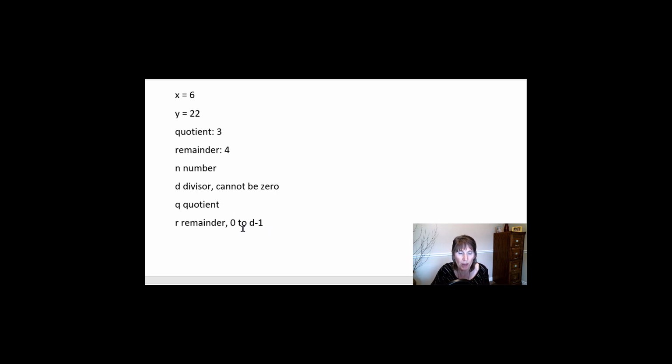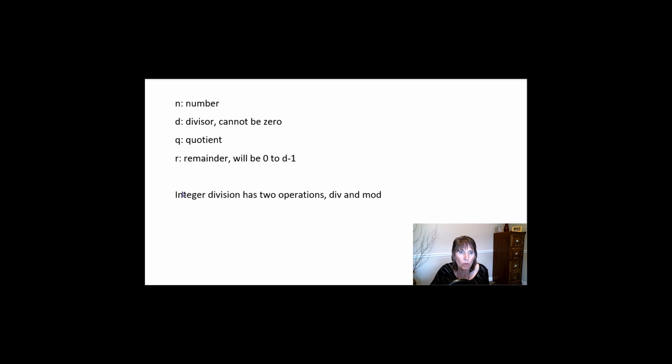We want to keep very clear how we're using the remainder and what those limits are. When we're working with integer division, we actually have two operations: one that gives us the quotient, the div operation, and one that gives us the remainder, the mod operation. We call this division and modulus, but we're abbreviating them here as div and mod.